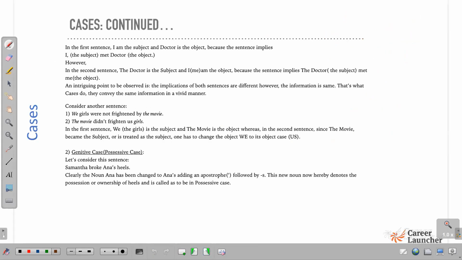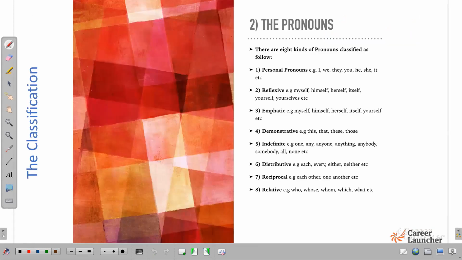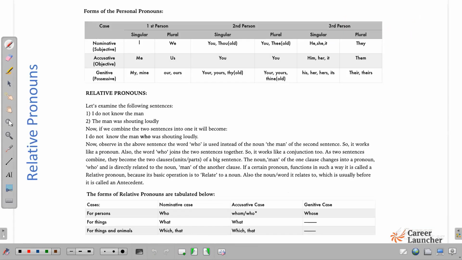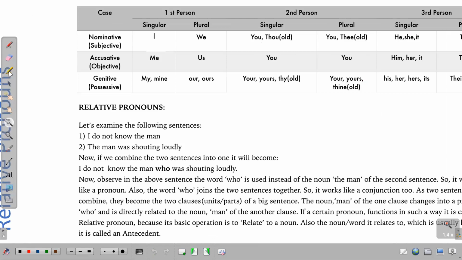So I have given a table in the pronouns. I'm just referring to it. We'll come back to it as a list. You should just try to remember this table. I've just covered this up for you. So for example, I becomes me, we becomes us. You is the most horrible one. As a second person, you remains you every time. So just keep you as a very problematic guy.